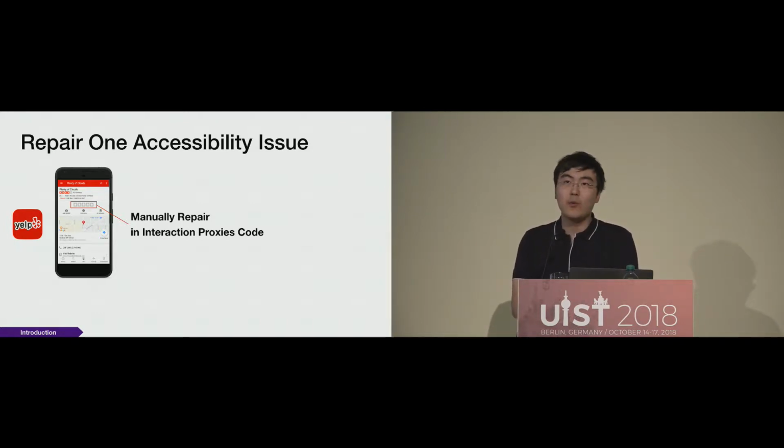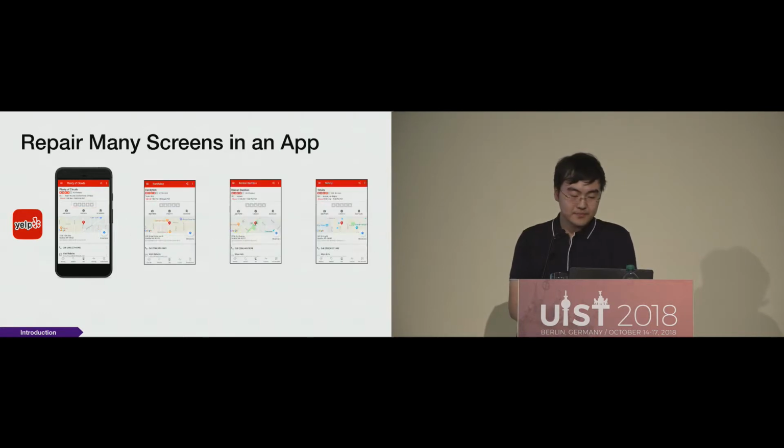It is easy to repair one issue as a demonstration, but there are several problems in practice. After we repair a button in the screen of an Asian restaurant, we want that repair to also be applied to different restaurants. To reuse those repairs, we would like to have a more robust method to identify the different screens.